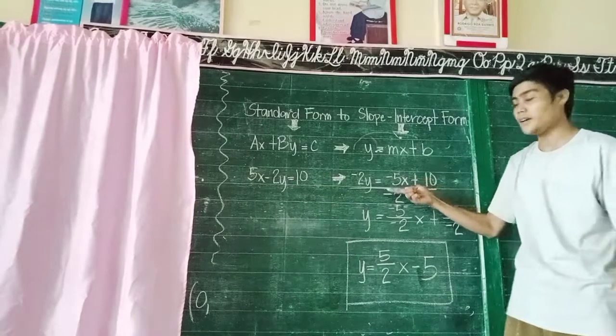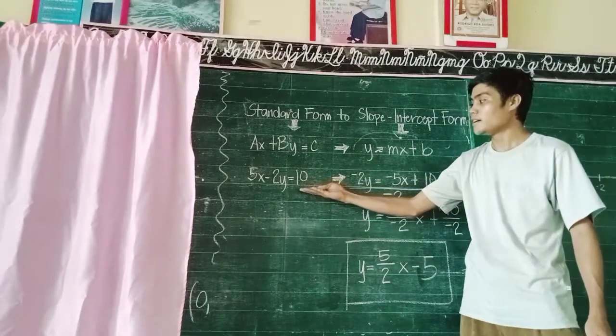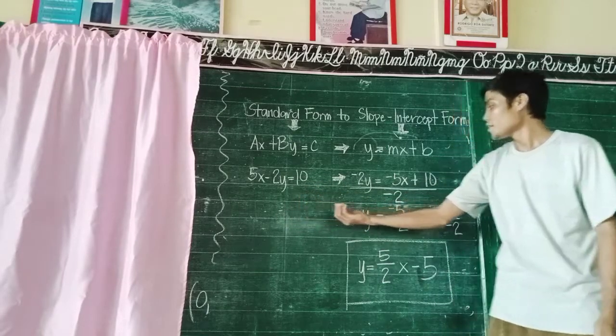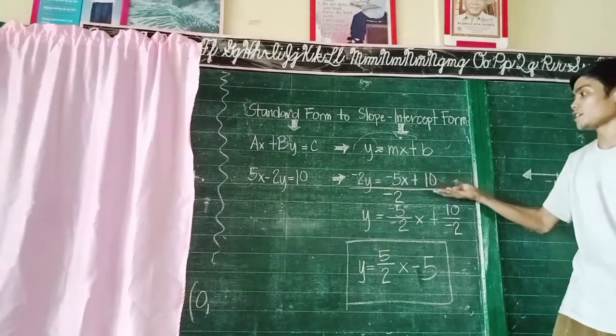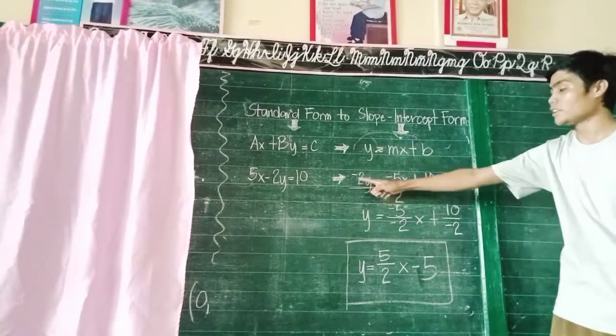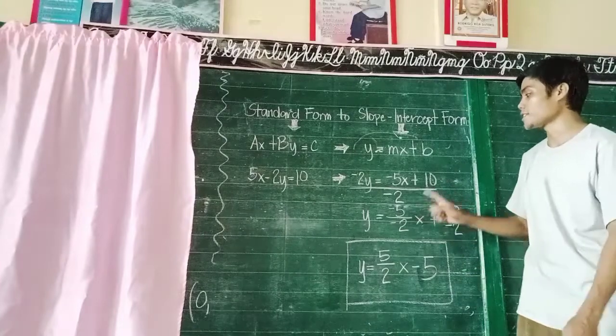So we have negative 5x. And then 10, since it is already on the right side, we would just copy it. So we have the expression negative 2y is equal to negative 5x plus 10.